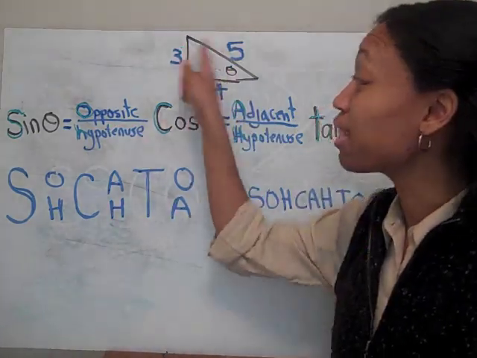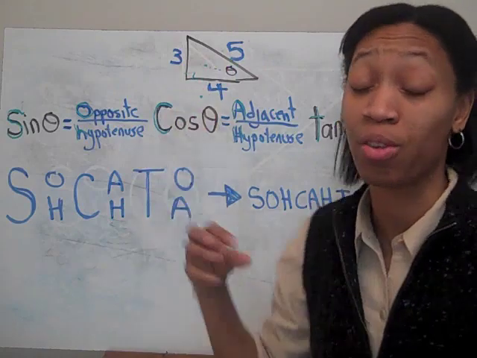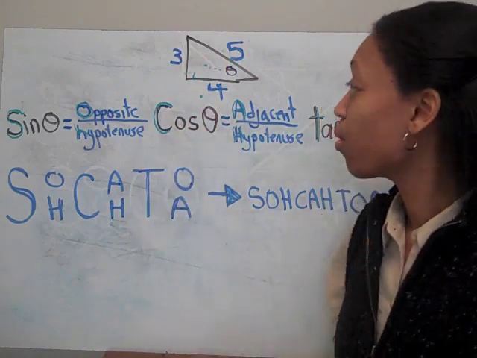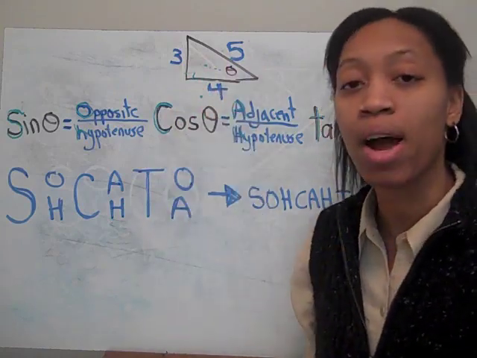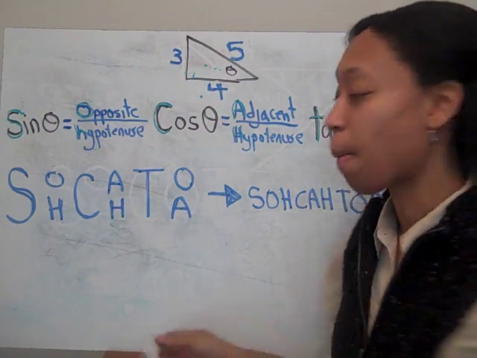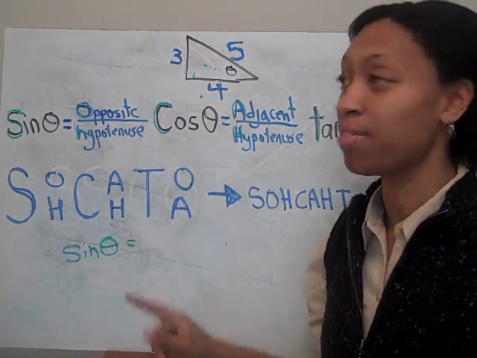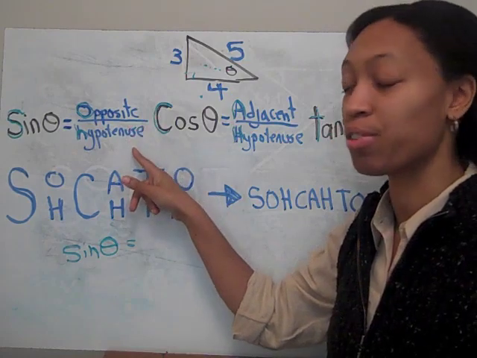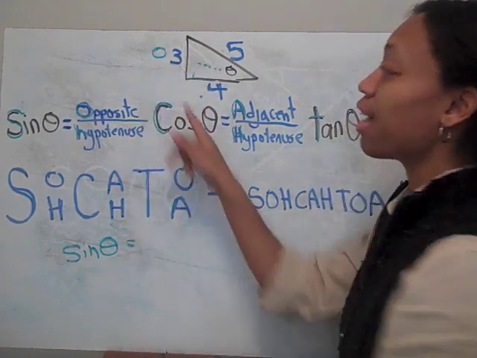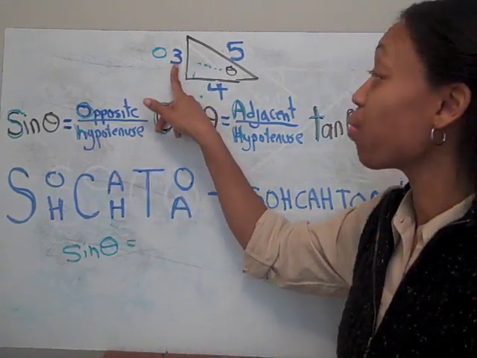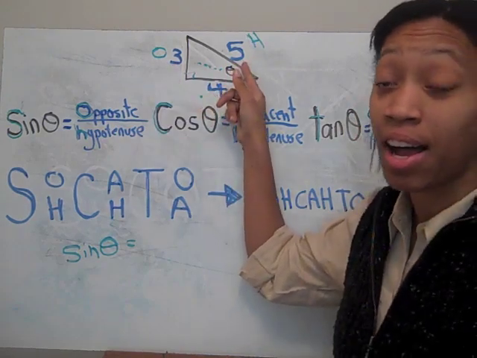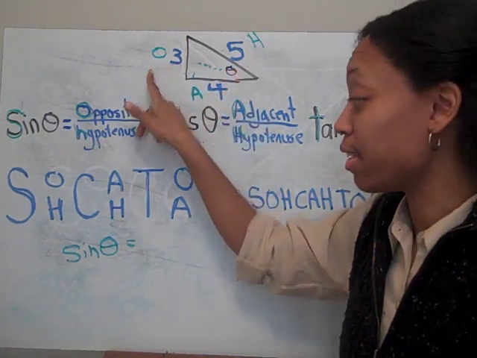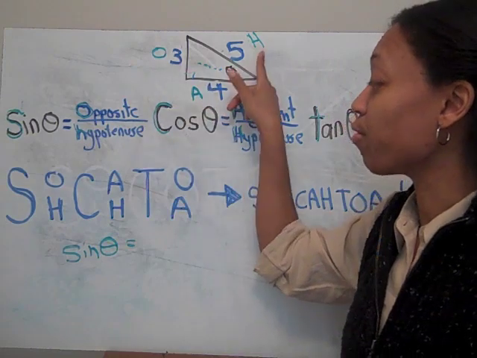Alright, I've now put some numbers into this triangle so that we can find the relationship. Now, looking at that triangle, what is the sine of the angle? Well, I know that the sine of the angle is the opposite over the hypotenuse. So, it looks like my opposite side is 3 and the hypotenuse is 5. So, that means that the sine is 3 over 5.